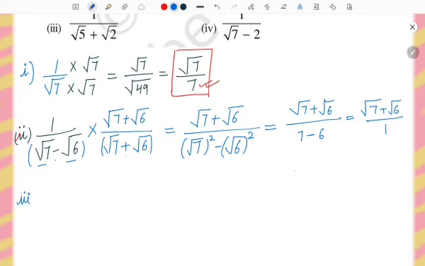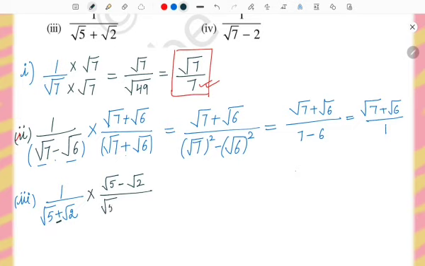Let's move to the third part, which is 1 upon under root of 5 plus root 2. Now again, to rationalize this, what are we going to do? We are going to multiply it with the same numbers but with the opposite sign. What is opposite of plus? Minus.